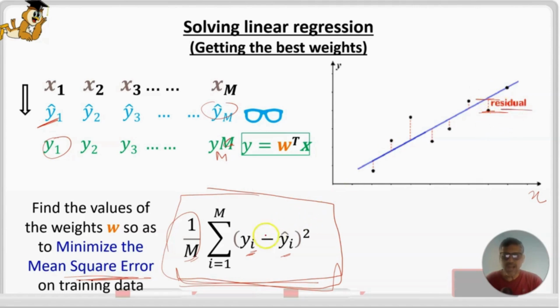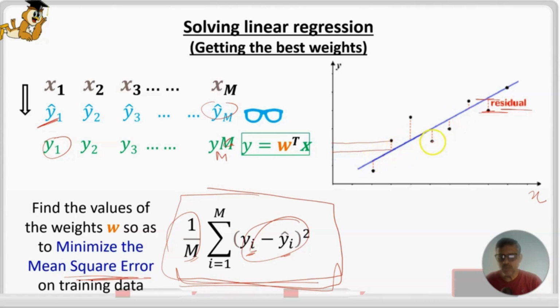So yi minus yi hat is called the residual, and you are essentially finding the sum of squares of the residuals when you compute the mean square error. So this is the residual for each of the points. For each of the points in the training data, you are going to find the residual, the difference between the observed value of y and the computed value.